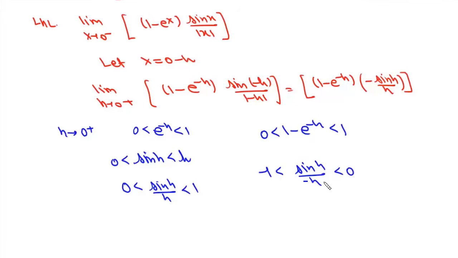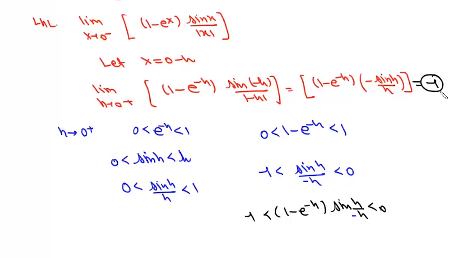So one of them is positive and one of them is negative, so their product is negative, and both of them have values between 0 and 1. So the value of this product, 1 minus e to the power minus h into minus sin h upon h, will lie between minus 1 and 0. And if this value lies between minus 1 and 0, then its greatest integer function will be minus 1. So its left hand limit is minus 1.